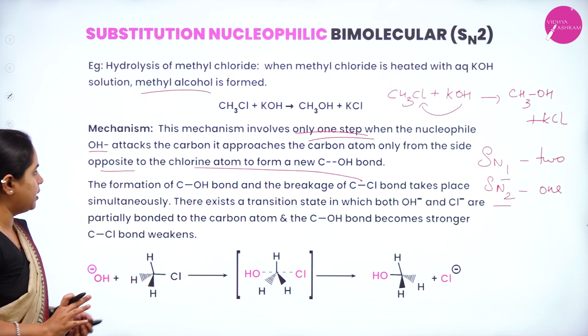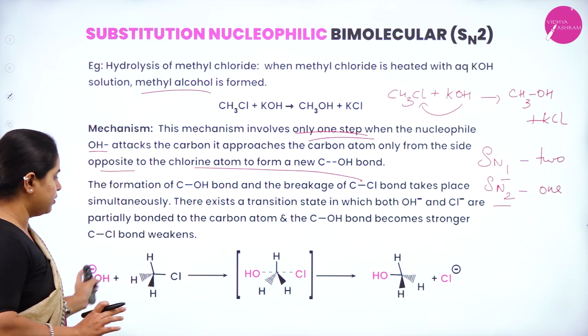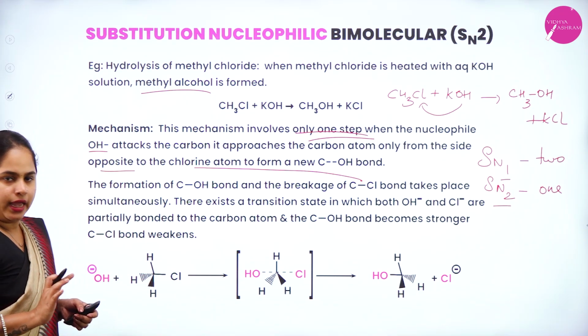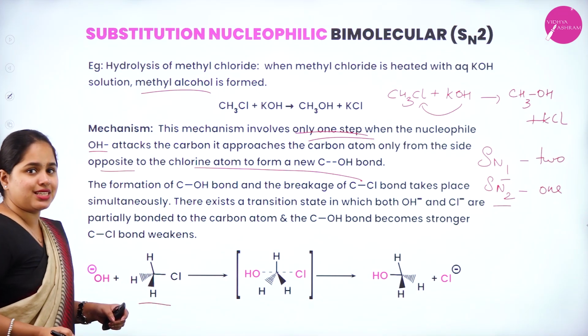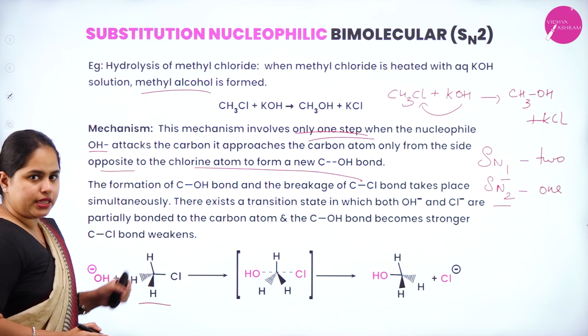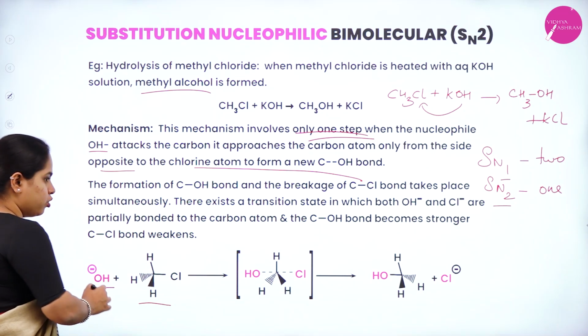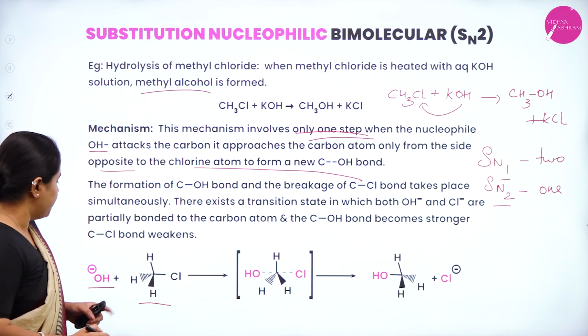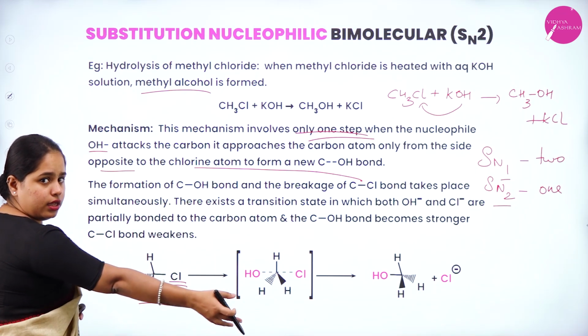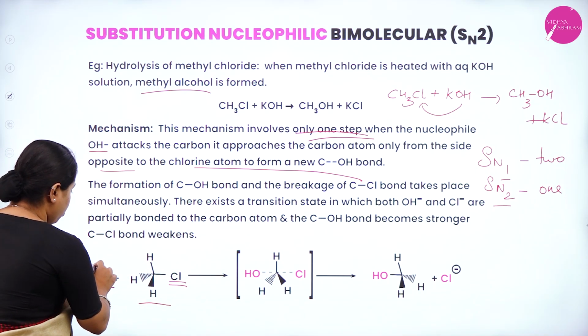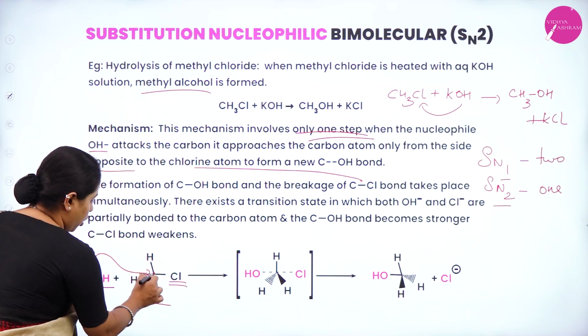So let's understand the mechanism, what is exactly written here. Using this example, let me help you to understand. So as you can see here, this is the CH3Cl which is being mentioned here, methyl chloride, and to this the nucleophile is attacking. Okay, the halogen atom is present on the other side, and the nucleophile will be attacking the carbon atom.